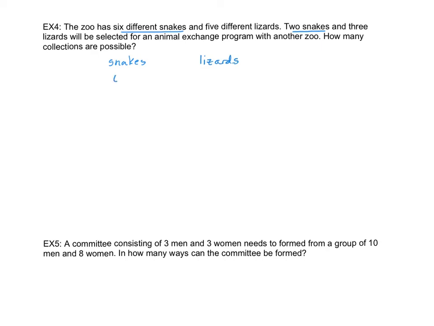So out of the 6, I'm going to do a combination of choosing 2 snakes out of 6. Now when I look at the lizards, I'm going to have a total of 5 lizards, but I'm choosing 3. So out of the 5, and it's still a combination, I'm choosing 3.